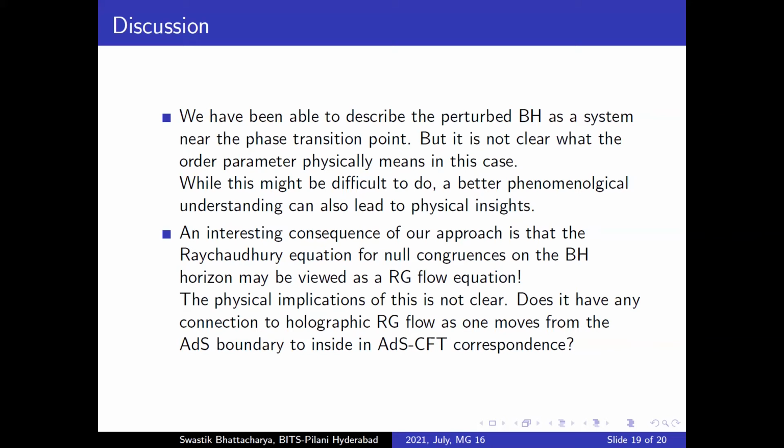If you accept that, and also accept that a perturbed black hole is described by a deformed CFT, then we know that a perturbed black hole eventually goes over to a stationary black hole, which is cosmic censorship basically. So in the effective theory picture, this should be like a deformed CFT flowing to a CFT, that is, flowing to a critical point.